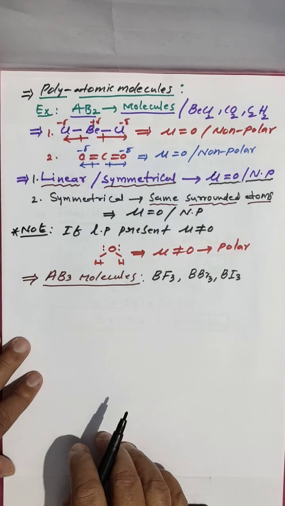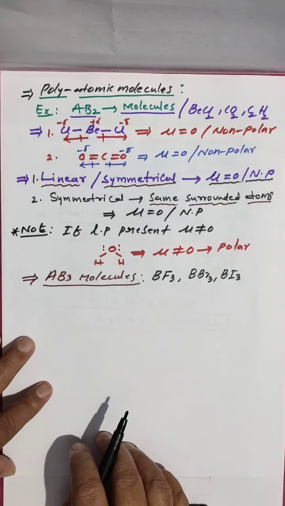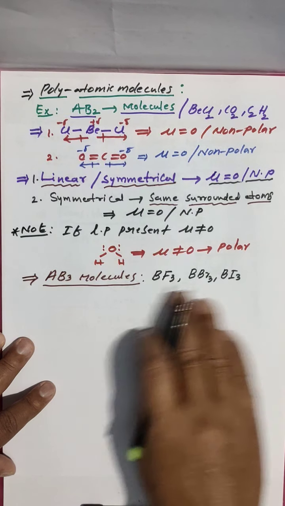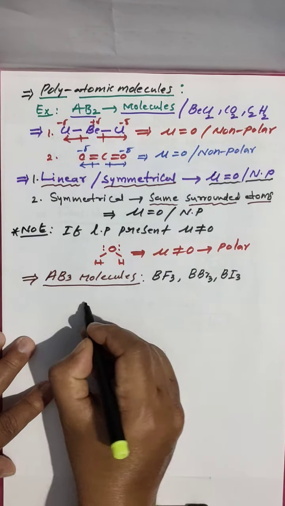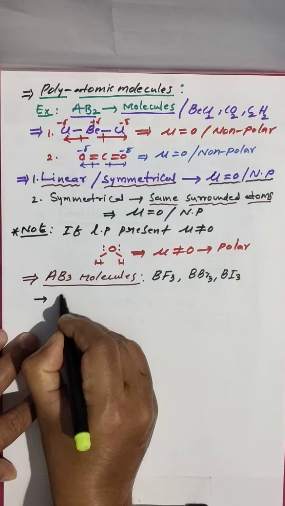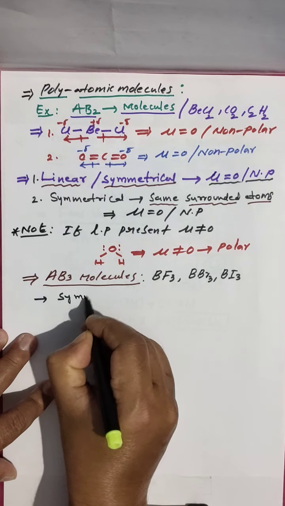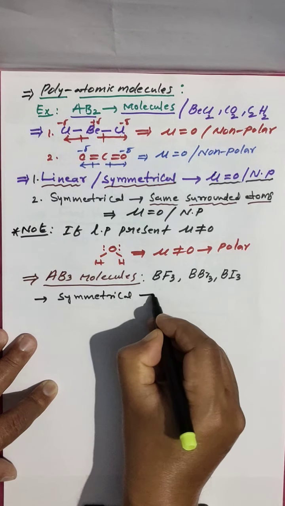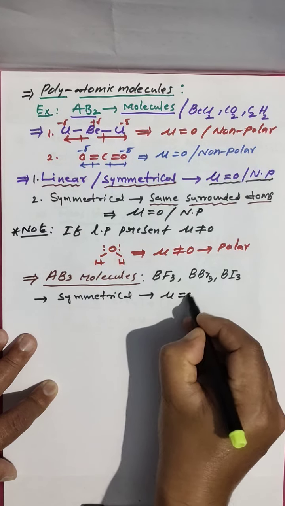AB3 type. These all have symmetrical structure, so net dipole moment 0.